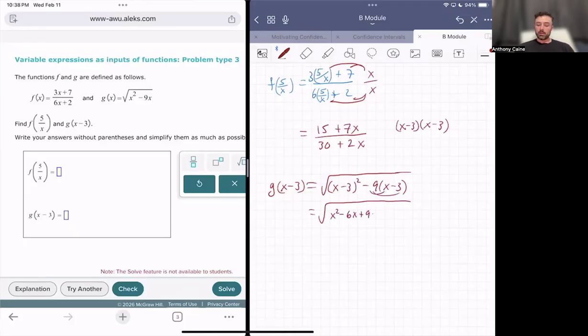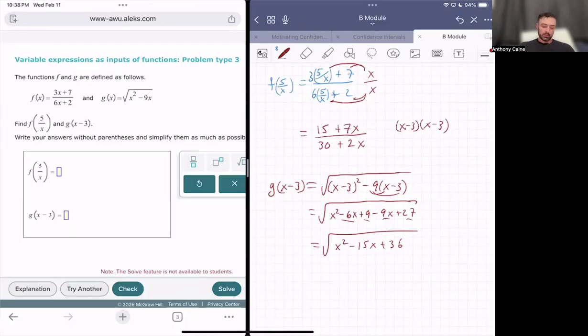Then I'm going to do this one. I have minus 9x plus 27. Okay, fine. And so can we clean that up at all? We have x squared minus 6 minus 9 is minus 15x. Plus that is plus 36. Yep, that all looks good. Does this have a perfect square in it? 6 and 7? No, it really doesn't. Okay, so then those are probably your answers. So then I would just leave it like that.